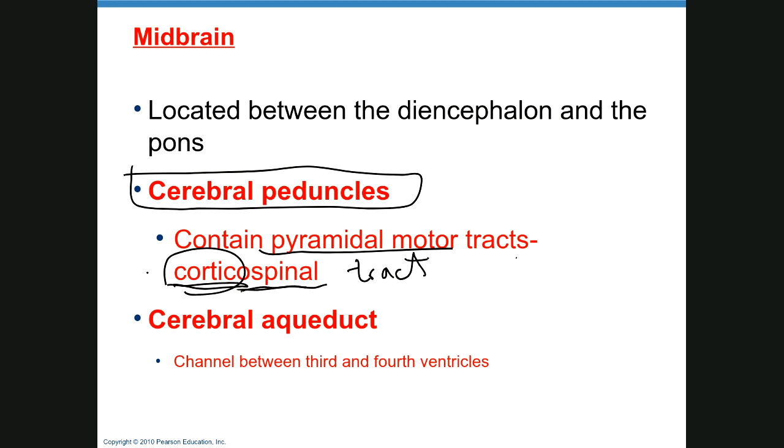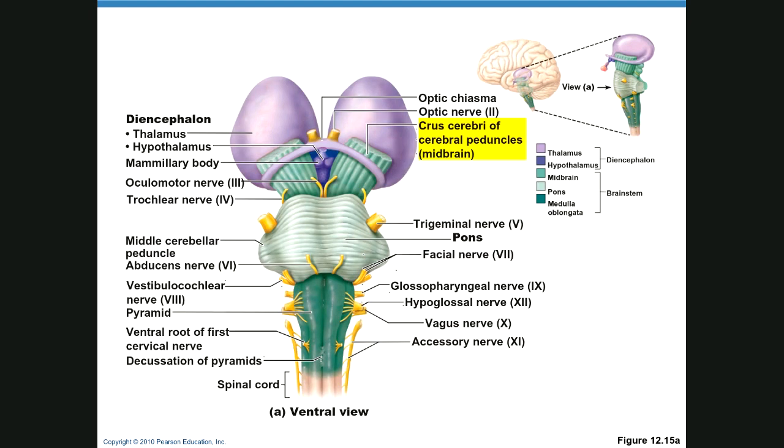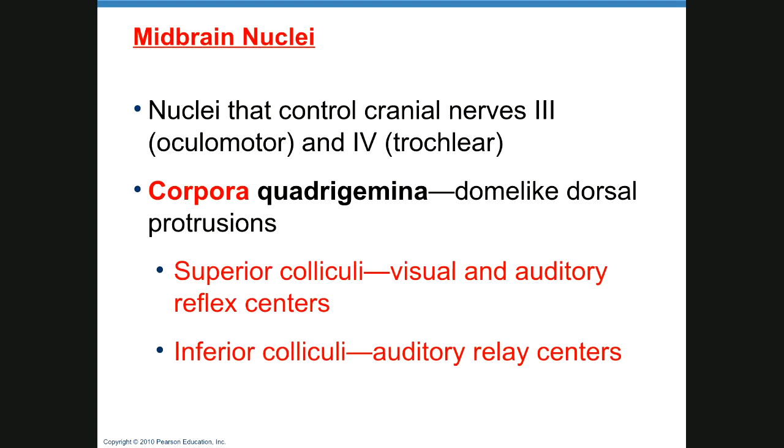They end at the spinal cord, and at the spinal cord, the axons are going to synapse and give the command to the next set of neurons, which are going to take the command out of the spinal cord towards the skeletal muscle. So these are very long tracts called the pyramidal motor tracts, which travel through the cerebral peduncles. Because these are somatic motor neurons, these are neurons that serve skeletal muscle.